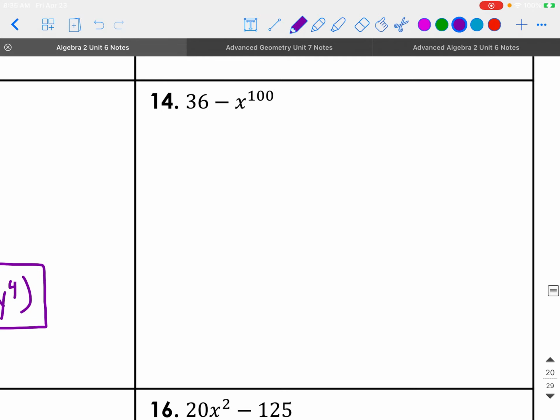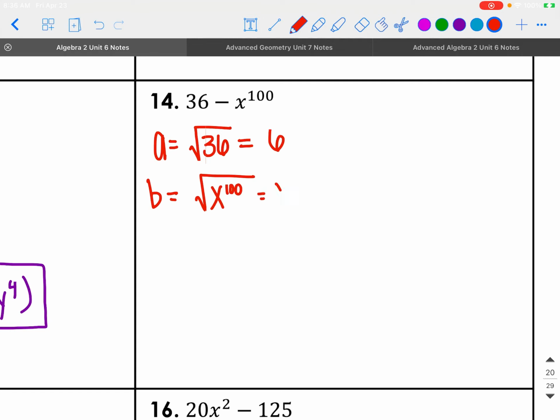Hopefully you're starting to get the hang of these. Number 14, is there anything they have in common? Nope, not at all. So my A, that's the square root of 36, which is 6.